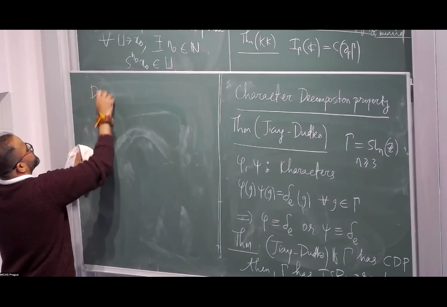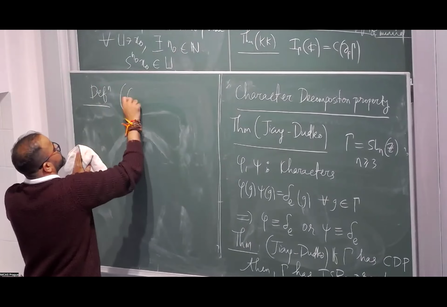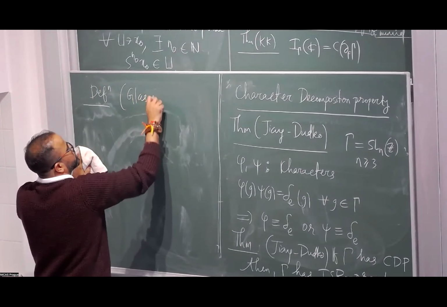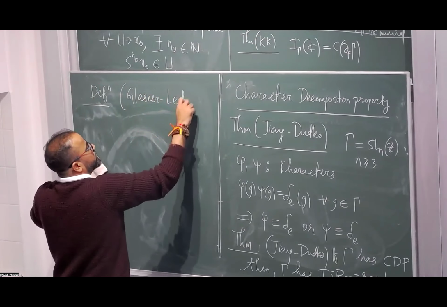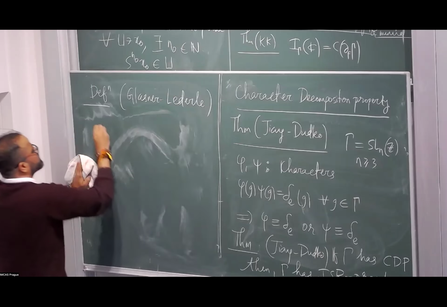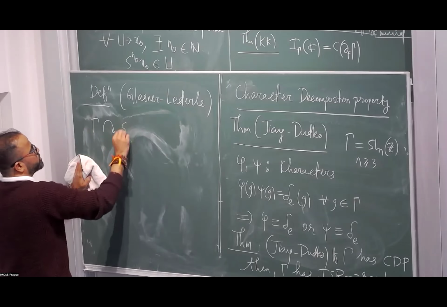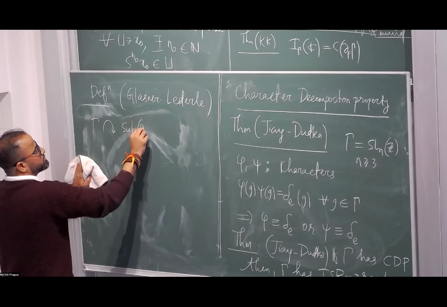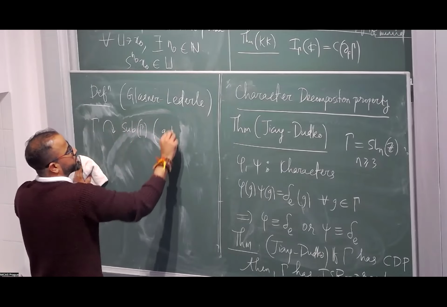So the definition, this is by Glasner and Lederle. You have a natural action of the group gamma on subgroups of gamma. This is just the conjugation action.